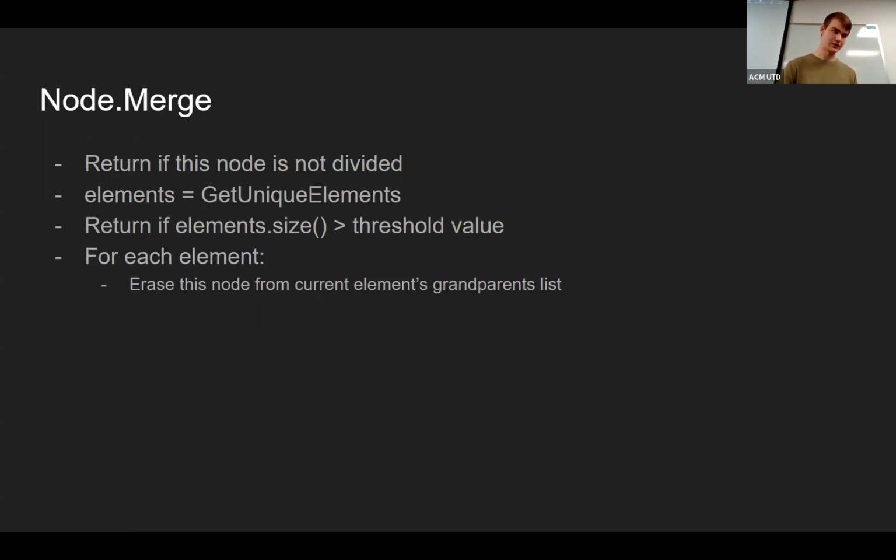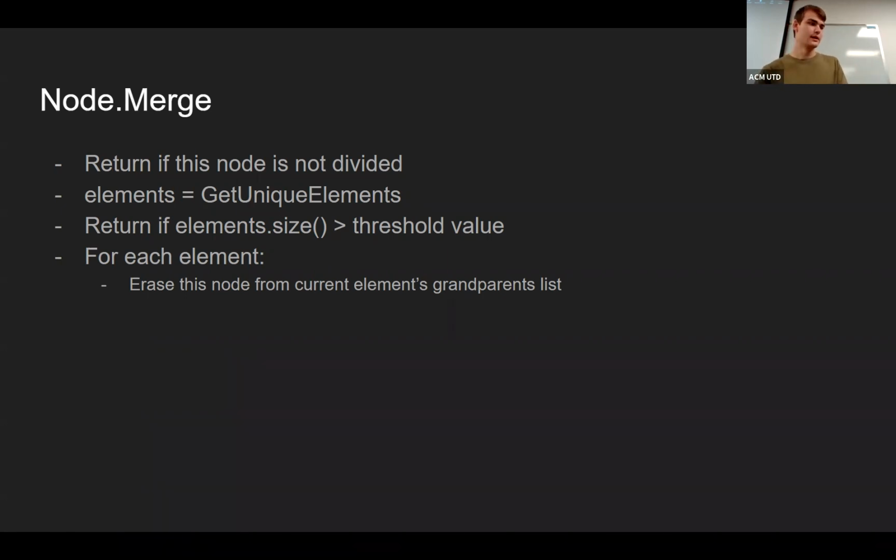Otherwise, we go through each element, which again, we don't care what those elements are in particular. We've already done all the processing to know if this node contains them, essentially. Because if they exist in a child node, then they're guaranteed to exist in a parent node, because parents are always bigger.